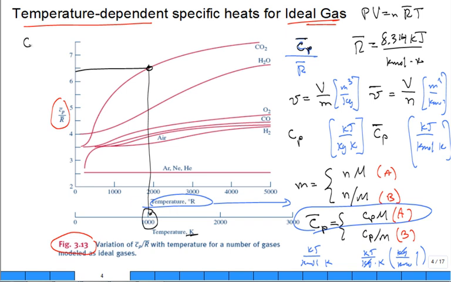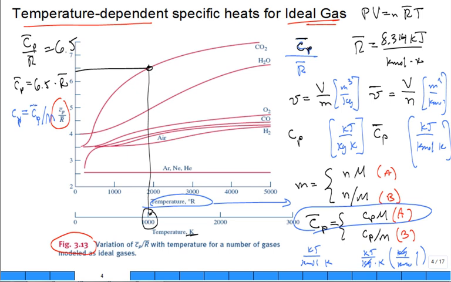So C sub P bar divided by R bar is 6.5. So C sub P bar is equal to 6.5 times R bar. I know what R bar is, right? And then somebody says, no, I want C sub P, in units not per amount, but per mass. So then we divide by M, true?